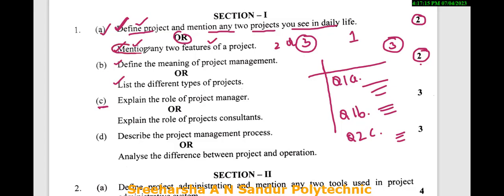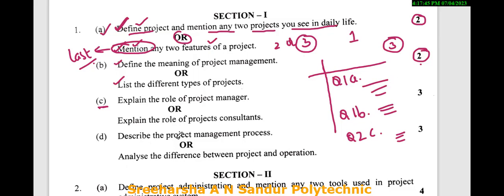If you also know the other answer and are confident and want to write it, that will be counted as an extra answer, and you will write it at the last if you have time. This is one strategy you have to understand, and do not leave those extra answers. If you are confident and you have time, do attempt those.